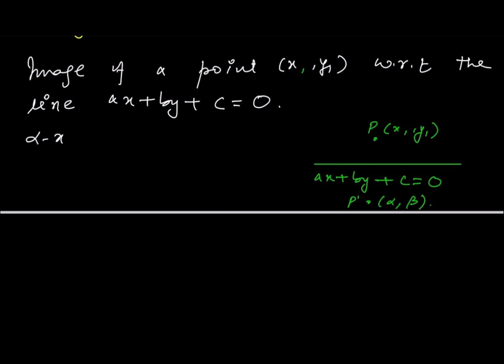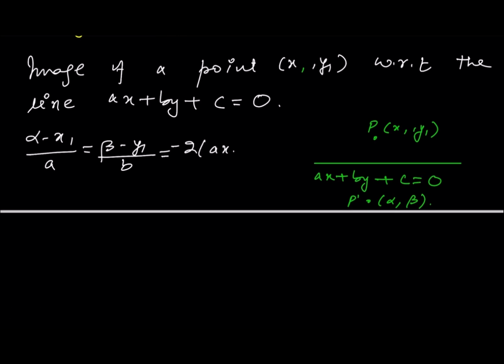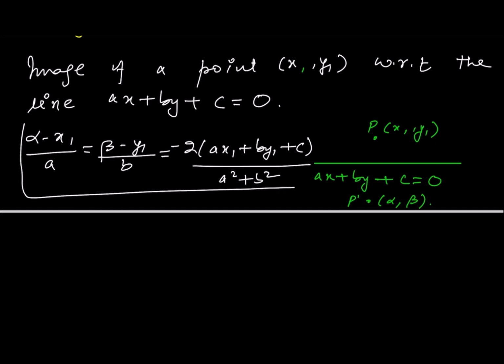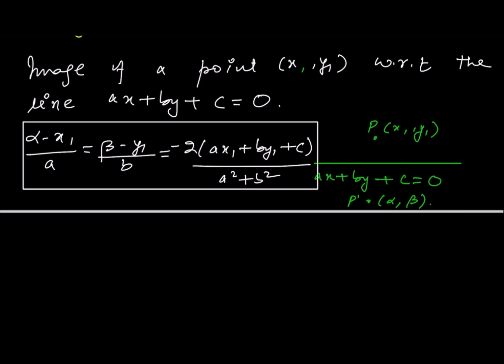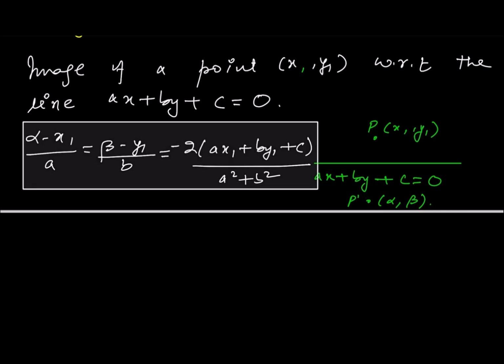Now for image we have the formula: (alpha - x1)/a = (beta - y1)/b = -2(ax1 + by1 + c)/(a² + b²). This formula we will use to find alpha and beta.